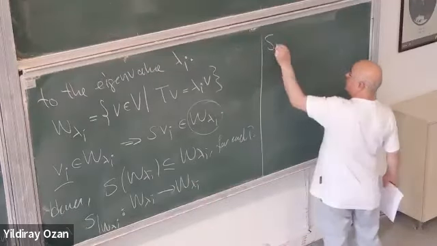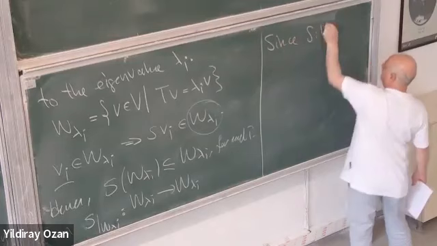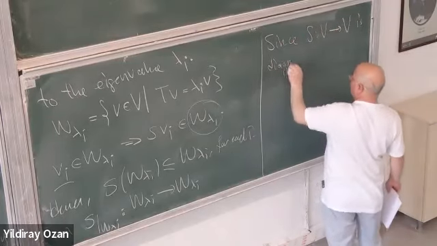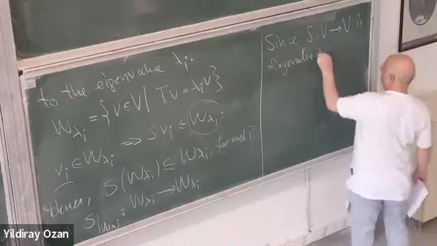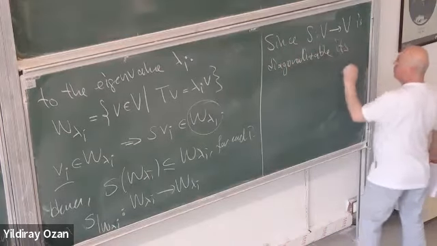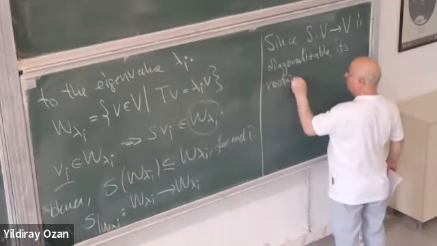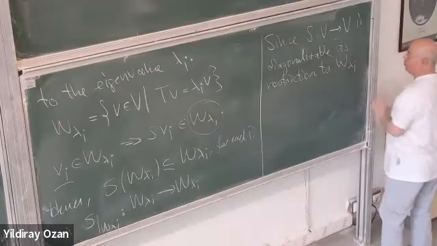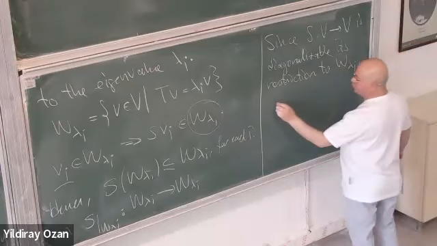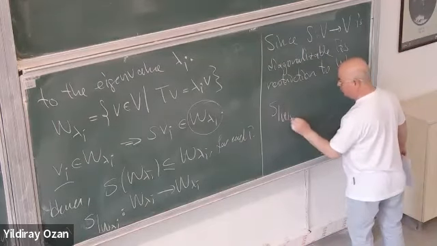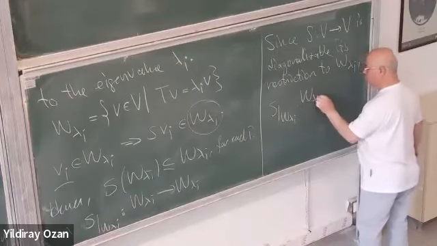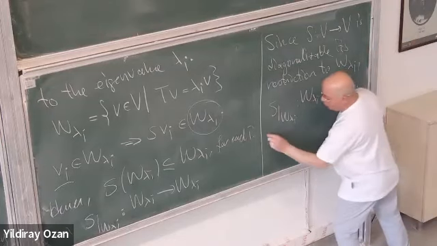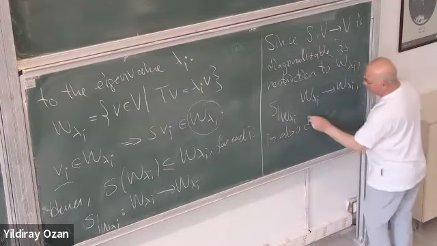Okay, now, since S from V to V is diagonalizable, its restriction to W lambda I, what is that operator? S restricted to W lambda I. It's an operator from this subspace to itself, is also diagonalizable.